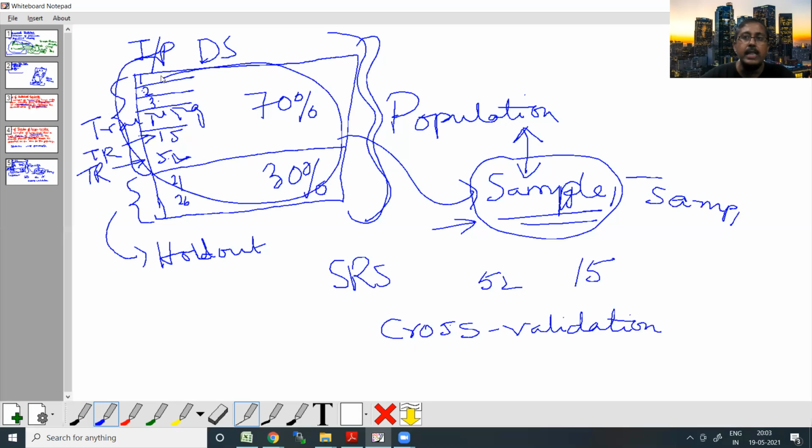When I pick a particular fold, I pick one fold as test data and the remaining k minus 1 folds as training data. That process I keep repeating, k times. Each time I take one particular fold as test data and the remaining k minus 1 folds as training data.